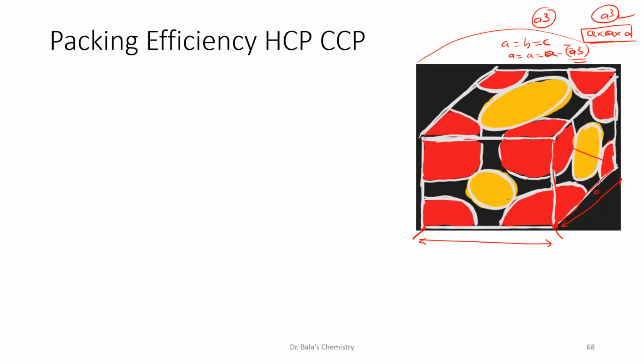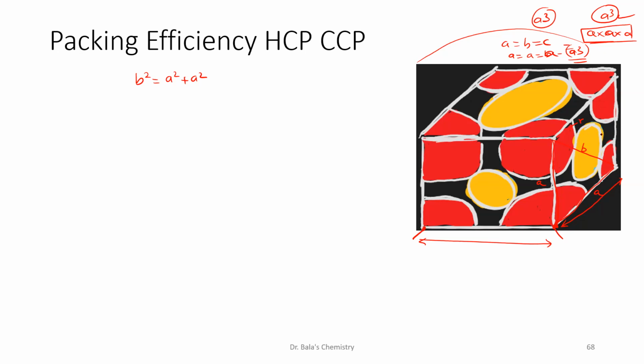Now this is A, and this is also A, and this will be taken as B. We know the Pythagoras theorem: B square equals A square plus A square, two sides of the square equal to the diagonal. Here B is in terms of R, the radius.